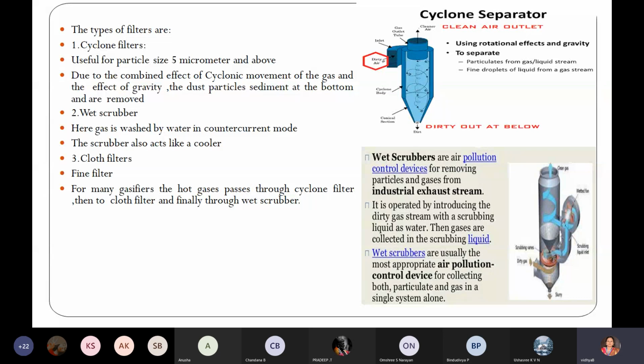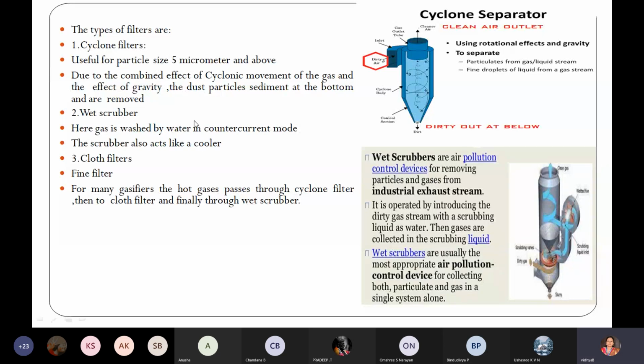Next is the cloth filter. Any condensation of water on it stops the gas flow because of an increase in pressure drop across it. So only the hot gases are passed through the cloth filter and then to the cooler.